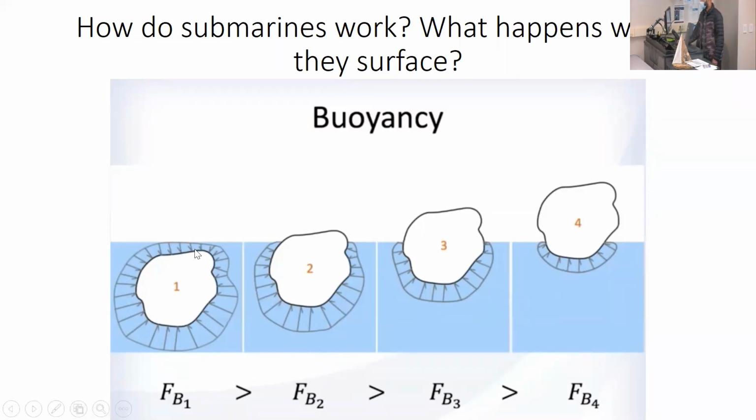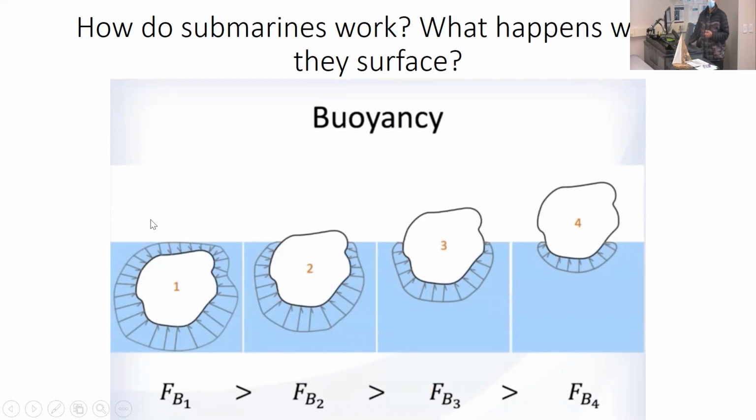So you'll start sinking down, all right? If you start at the surface and you need to go down, you need to make sure your weight is larger than the buoyant force, okay?